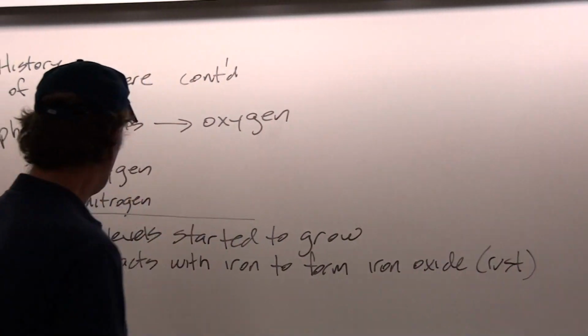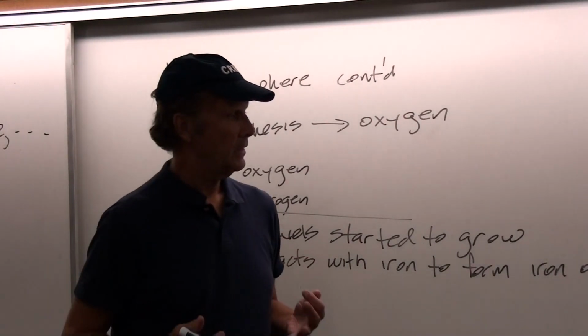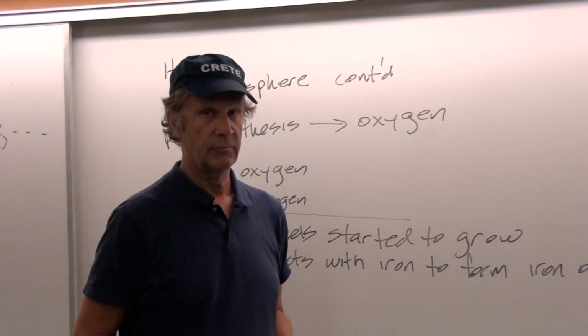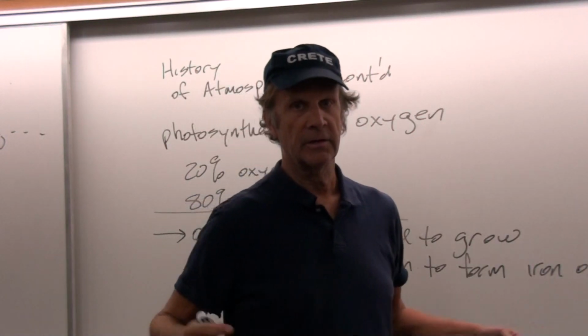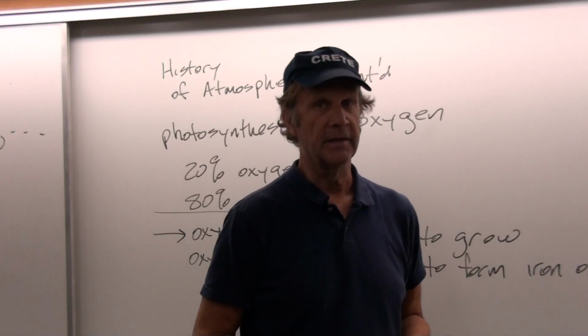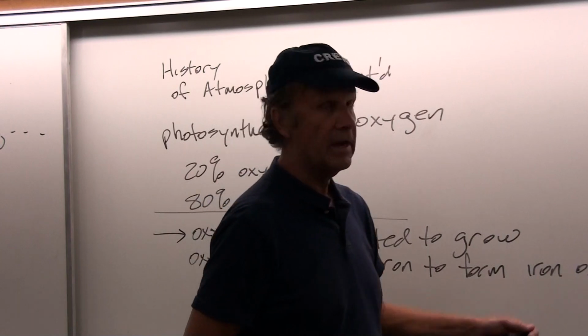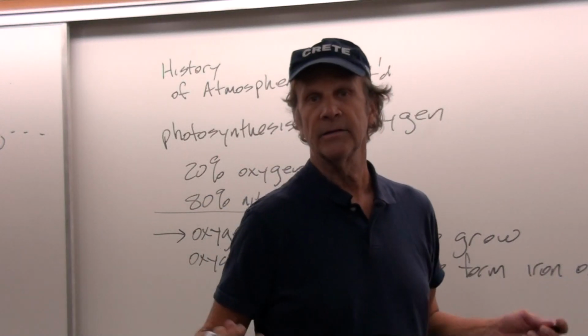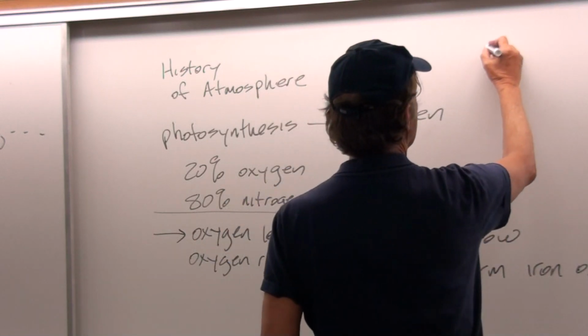And so at least for a while, the oxygen levels were stabilized and remained fairly low, while this oxidation reaction with iron was taking place. However, eventually, all of the free iron was turned to rust. And so the oxygen levels could grow again.